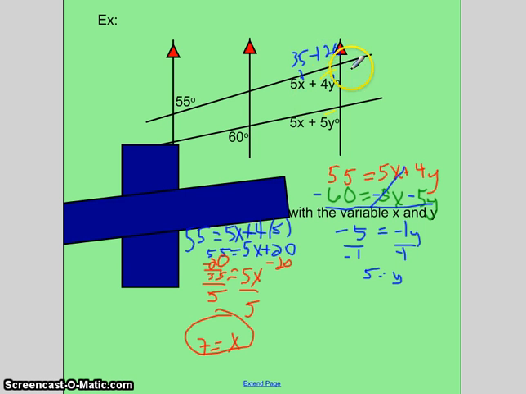So 20 plus 35 would give me this top angle here as 55 degrees. Okay, this bottom angle, 7 times 5 again is 35, plus 5 times 5 is 25. So if I add those together, it looks like that angle would be 60 degrees.